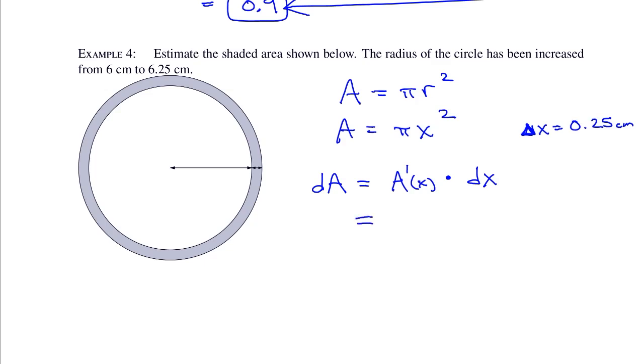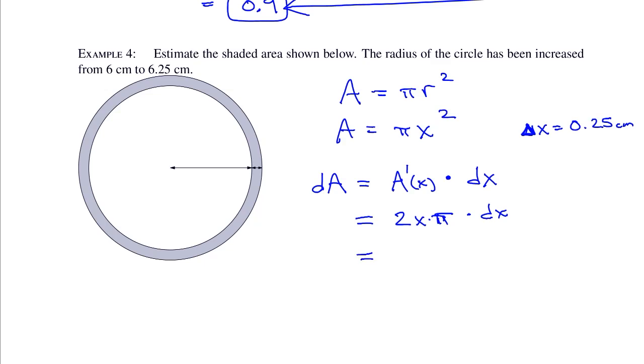What is the derivative of A equal to pi x squared? And I'll give you a little hint on how to figure this out. Pi is just a constant, so just ignore it and then multiply by it at the end. What's the derivative of x squared? 2x. So this is 2x times pi. The pi is still there. And then times dx.